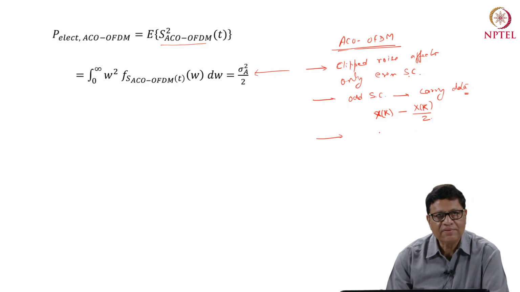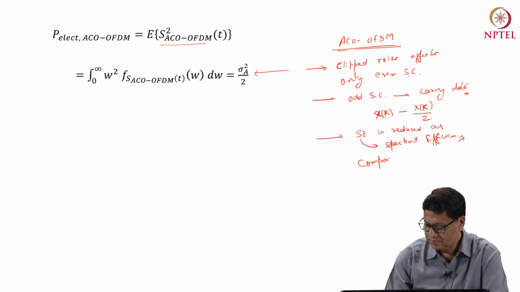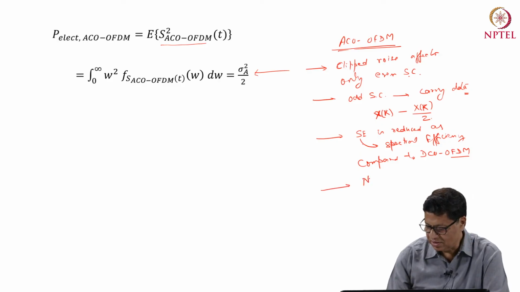So the power efficiency of ACO-OFDM is much better as compared to DC-OFDM, but the spectral efficiency is reduced as compared to DC-OFDM. And as I mentioned, there is no DC component.